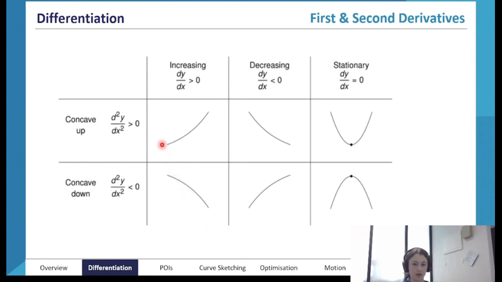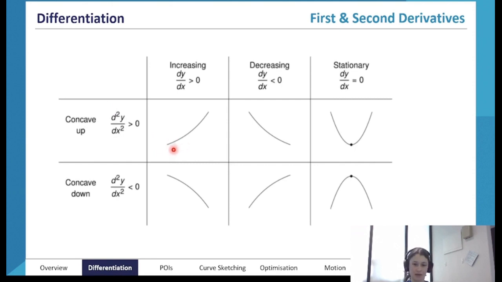So, as you can see here, in this section, the gradient is increasing. It's becoming more and more positive. It kind of has this curved shape. And we call this concave up. And this occurs when the second derivative, this is the notation for the second derivative that we can also use as well, if you haven't seen this before. This is just another way of saying y double dash.